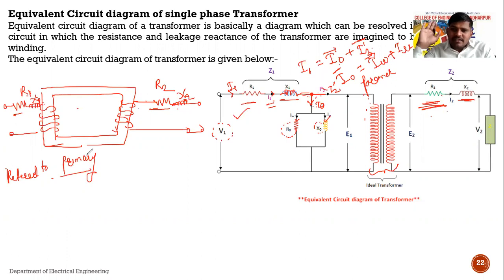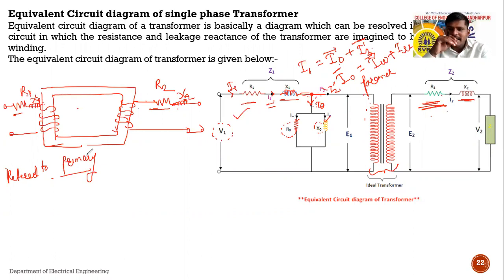To make the calculation simple, to make the equivalent circuit simple to analyze, we want to take the referred value. All of you getting my point? I will tell how it can be referred. See, I am telling referred to primary. Referred to primary, it is nothing but we are considering the primary side.